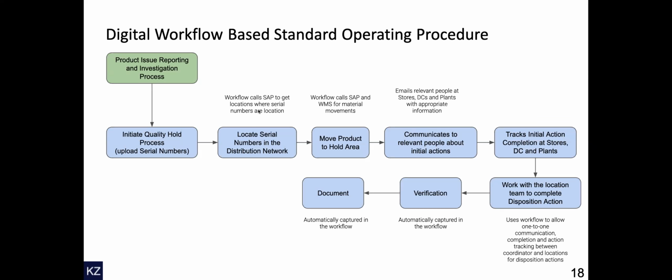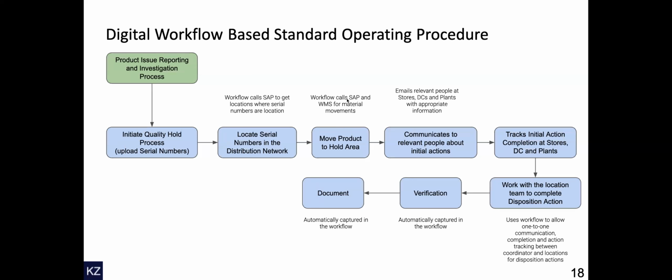The workflow calls SAP, and we'll see some examples of that. And when we talk about integration, quality workflow integration, these workflows need to be able to not only involve people, but also talk to external systems. So here in this case, it calls SAP and says, hey, move these serial numbers into the quality hold area.